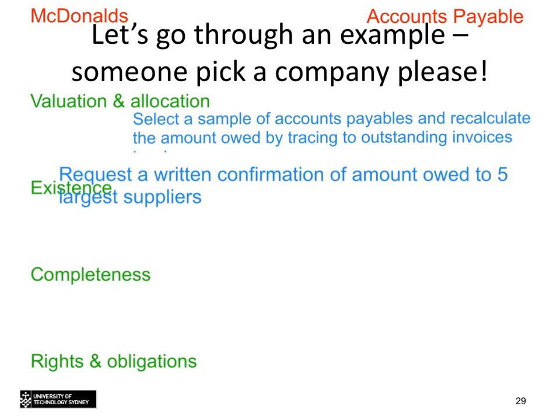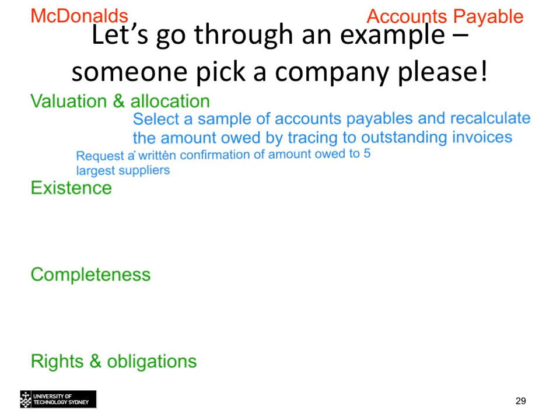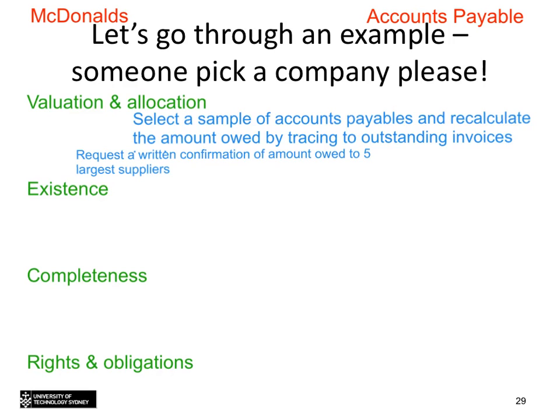I could request a written confirmation of amount owed to 5 largest suppliers. All right. So that's just another idea on the sorts of procedures that we could do. Let's shrink that one down, fit that there. Okay. Whoops.